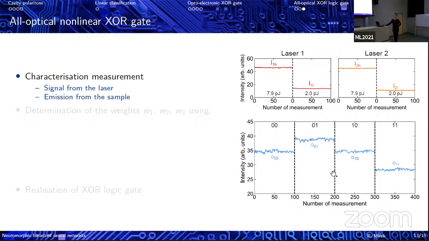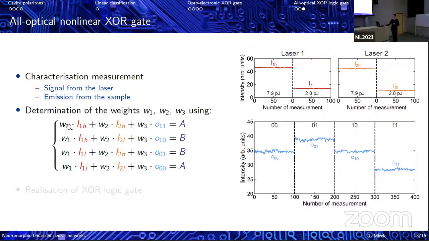We measured the output for these two pulses exciting the sample. So we observed the emission from the condensate when we have two laser pulses with low power and so on. Based on this, we could calculate these weights. That was our task based on these measurements.